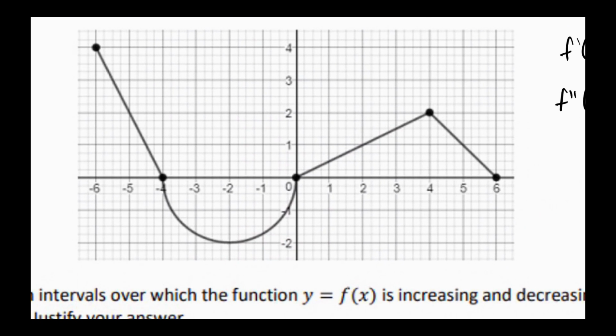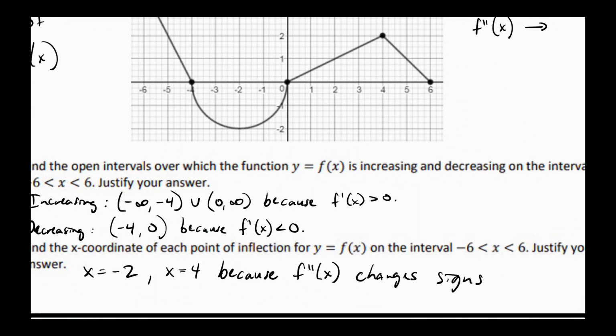It won't be this graph, but it'll be something similar. And I'm going to ask you these types of questions. Where's the relative maximum? Where's the relative minimum? How do you know? Where's the points of inflection? How do you know? All of that stuff. I'm telling you right now. So if you want to do well on it, make sure you study up on this. We'll finish this tomorrow.